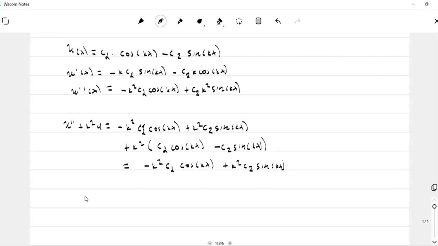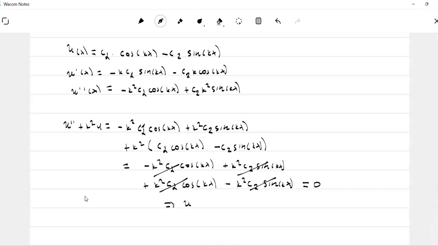So this is plus k squared c1 cos kx minus k squared c2 sine kx. Of course, this term with this term vanish, this one with this one vanish, and this is 0. So u double prime plus k squared u equals 0.